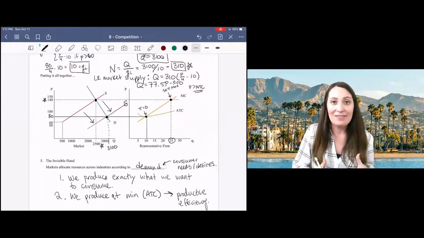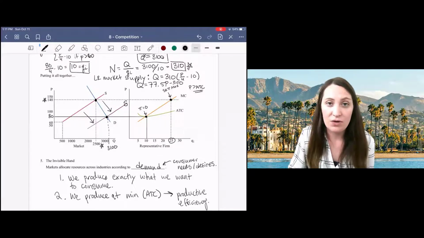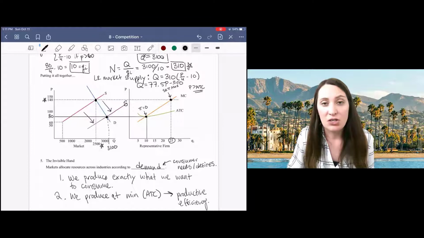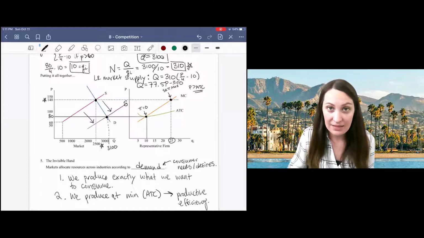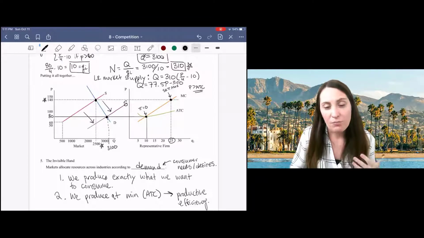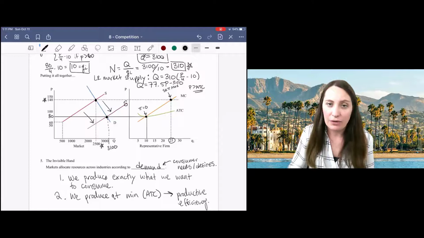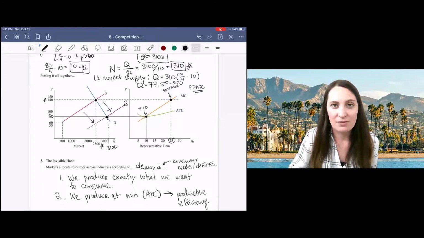So competitive markets are generally leading to good outcomes for society in terms of resource allocation across industries and productive efficiency. Now, of course, there are problems with free, unhindered markets, when we have firms with market power, which we'll address later, and if we have market failure due to some kind of externality or asymmetric information, etc., which we'll also be talking about in the last section of the class.